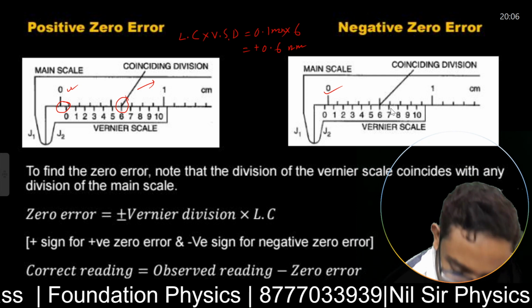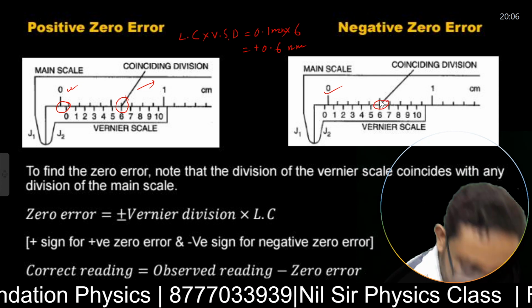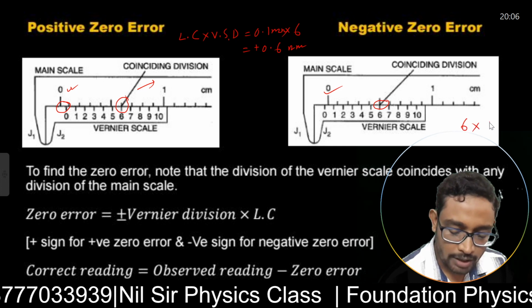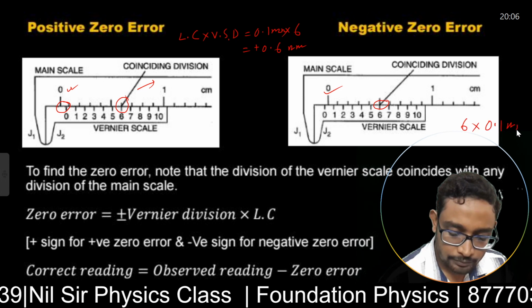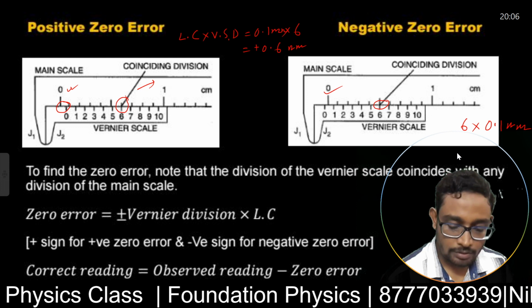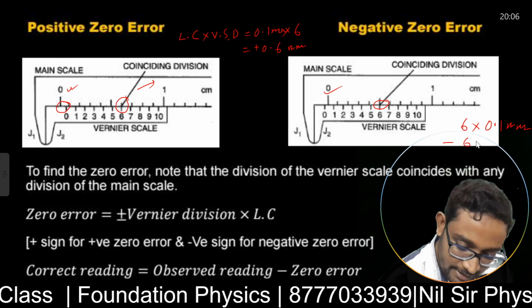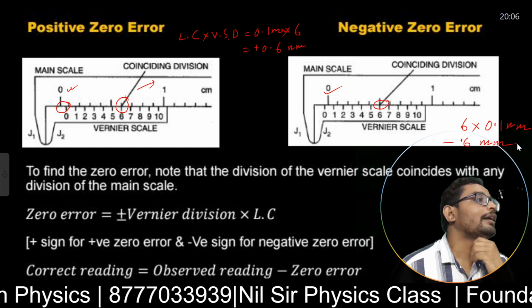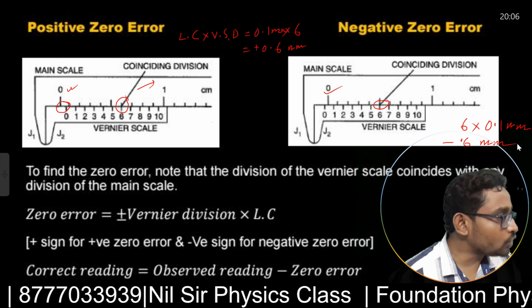In this case, again it is coinciding with 6. So in this case also 6 into what? 0.1 millimeter. This gives you minus 0.6 of negative error. So what will be your actual reading?